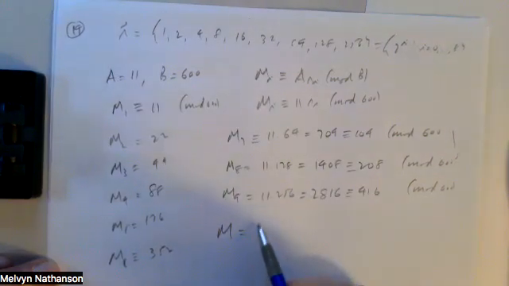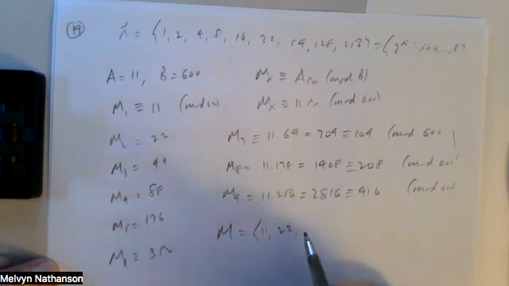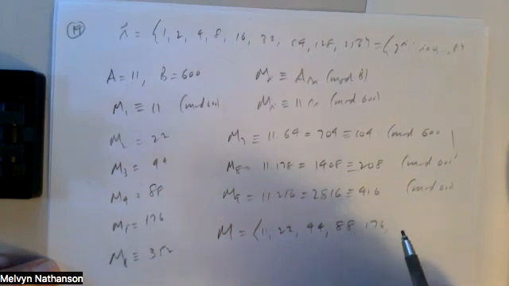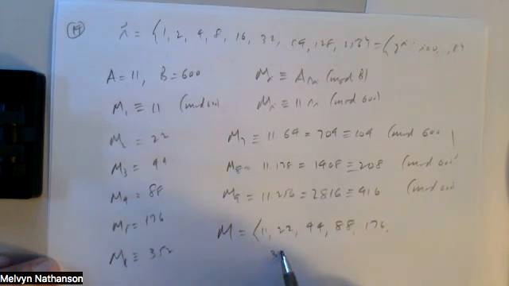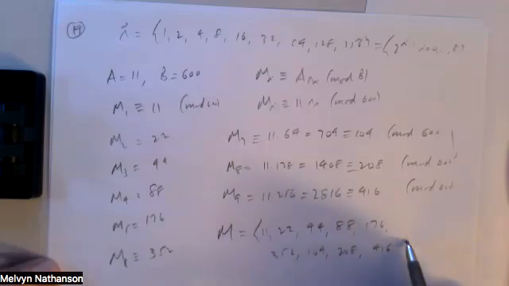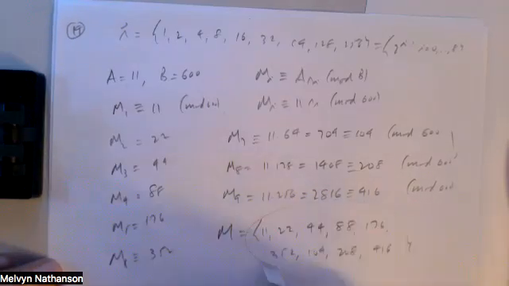So this is my R sequence, and my M sequence is the numbers 11, 22, 44, 88, 176, 352, 104, 208, and 416.